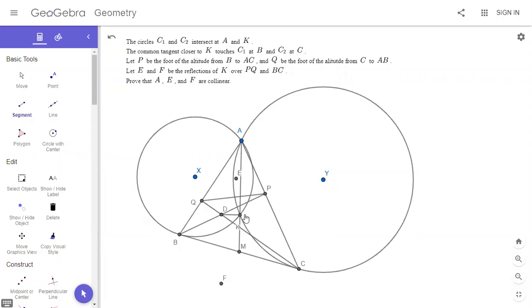Well, that's the same as saying that AQKP is cyclic. So I'm trying to prove the theorem that you just mentioned, that K is the A Humpty point. Is there a reason why BK is perpendicular to AM? Maybe it's obvious, but I'm not seeing it right now.